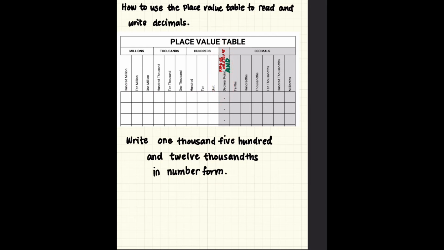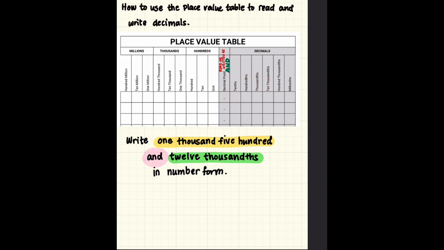So over here, we can see the and is there. That means 1,500 is before the decimal point, which would be over here. And then 12,000 is after the decimal point, which would be over here.